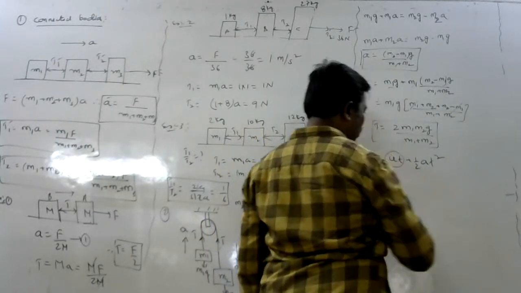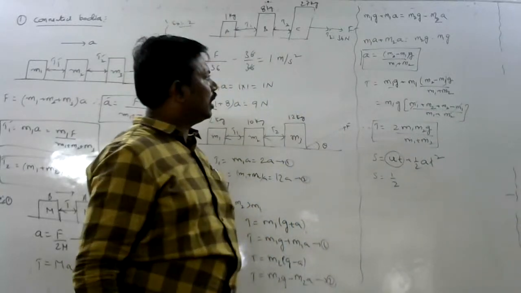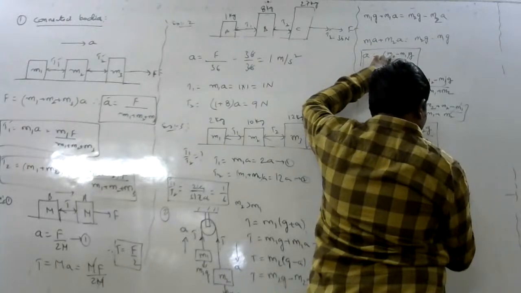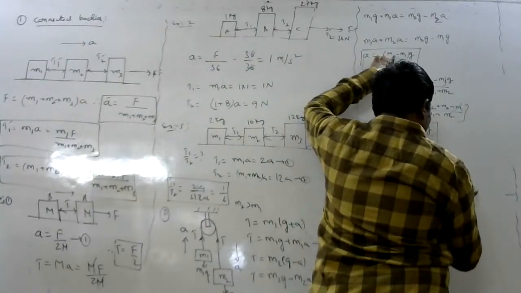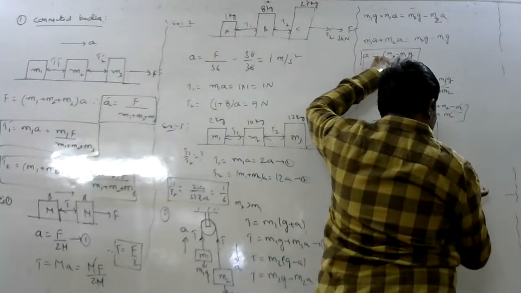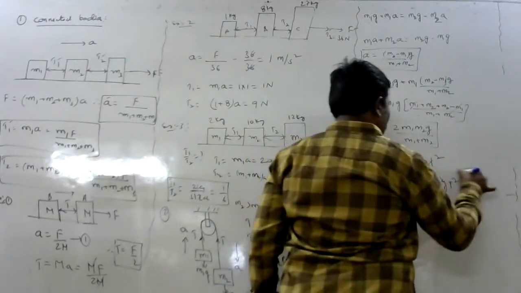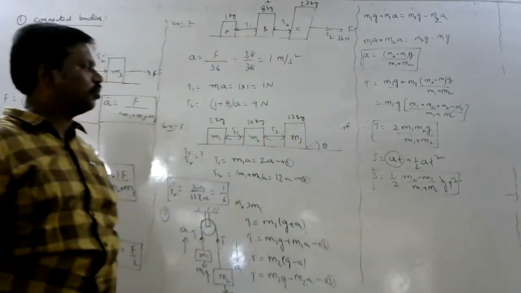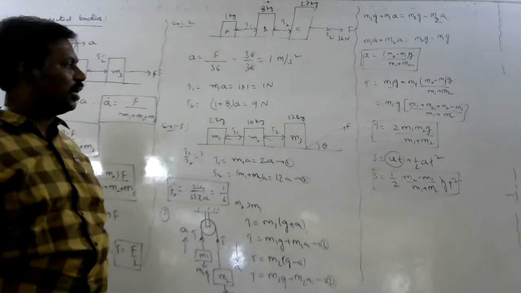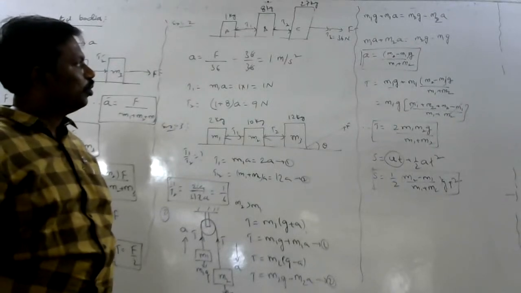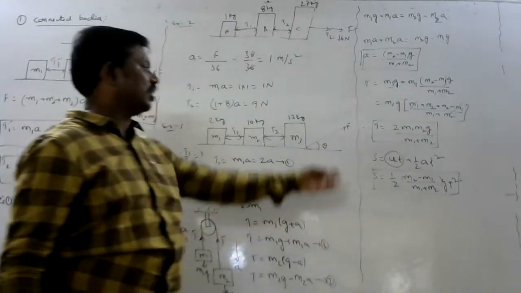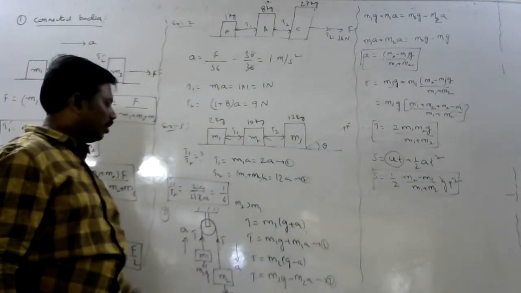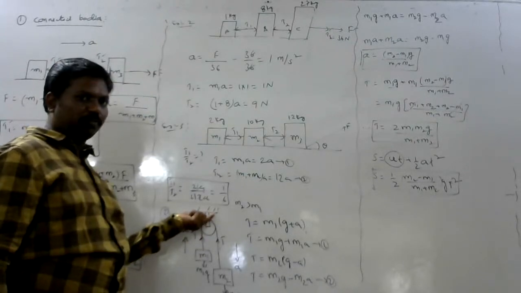So s is equal to half into a, where a means acceleration, m2 minus m1 by m1 plus m2 into g, into t square. So this is the distance traveled by the block.